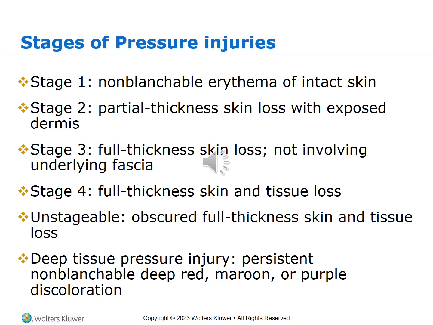So for our DTIs and our unstaged wounds, we're unsure what stage the wound really is. We're unsure how deep the tissue damage has occurred. And these wounds can open up to be a stage 3 or 4 once they're discovered.